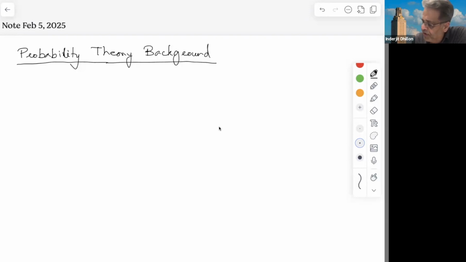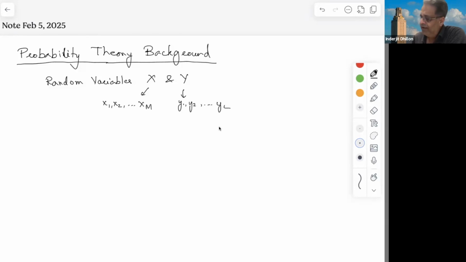So let's assume that we have just two random variables for now, x and y. Right now I'll assume that these random variables are discrete, so x takes values x1, x2 through xm, and y takes values y1, y2 through yl.